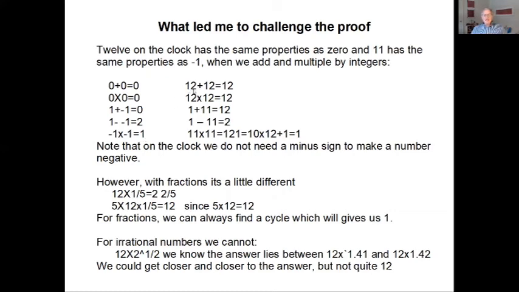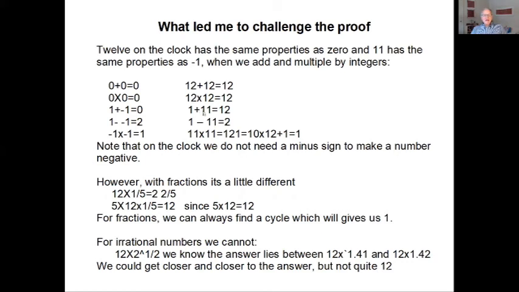Well, on the clock, if we go 12 hours, we're back to 12 again. So 12 plus 12 is 12. And if we do that several times, we'll be back to 12. So if we did it 12 times, we would be back to 12 different times. So 12 times 12 is equal to itself. Not 12 times 12 is equal to 0, because multiplying by 12 gives us, because 12 is nothing. That's the way it turned out in terms of the way I designed things.